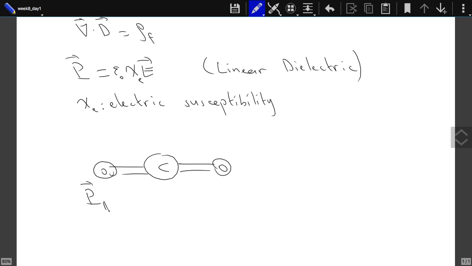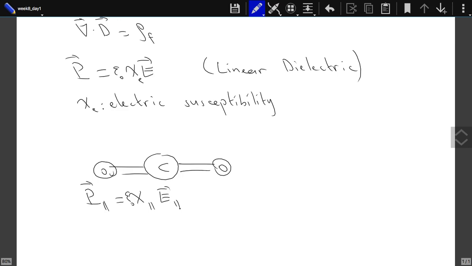You see, there is all this length of the molecule over which the electrons can move. So this polarization will have some value, epsilon 0 chi E, if you apply an electric field parallel to the molecule.